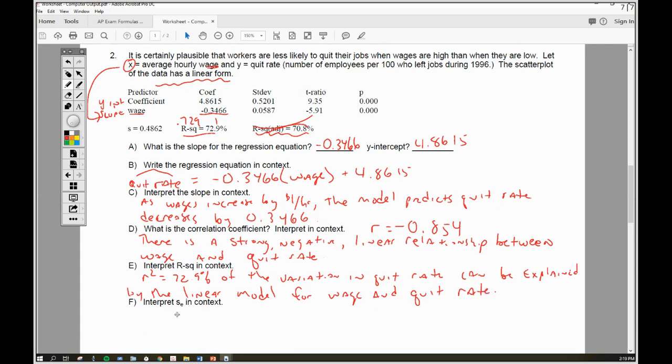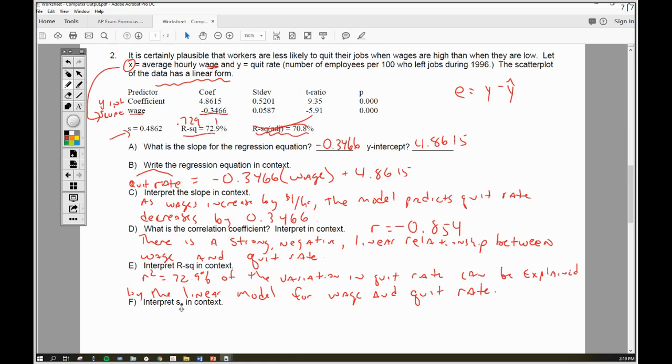And the last one is SE. What? SE? Well, remember, S is the standard error of the residuals. Maybe you don't remember that because we haven't talked about it, but this is the standard error of the residuals. So this S is telling us how much our error, our residuals, if you remember back to the notes, error is equal to Y minus Y hat, actual minus predicted.